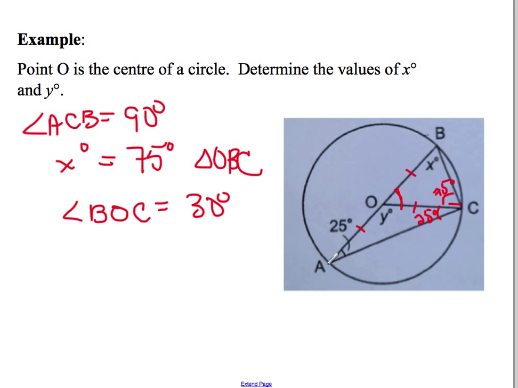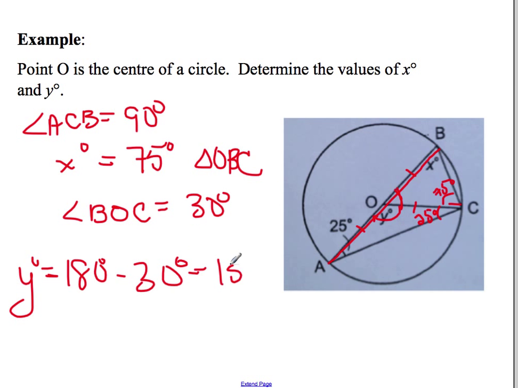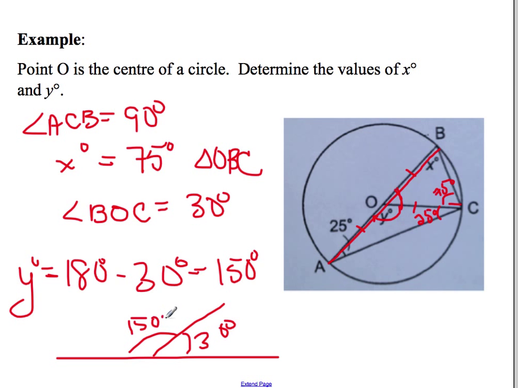Now this line right here, y has to be 180 degrees minus 30, because a straight line, like if I have this, and if this is 30 in here, I know that this has to be 150. Okay?